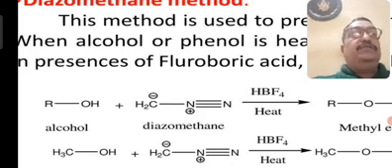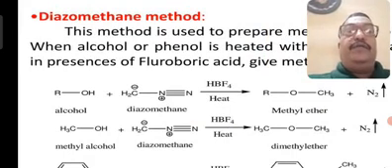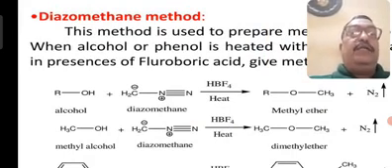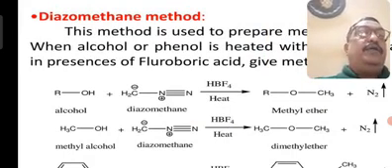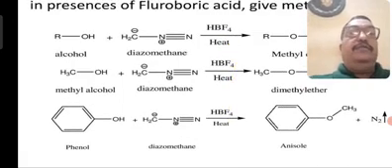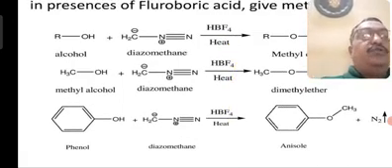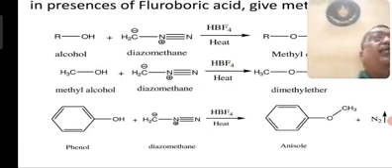So this is the diazomethane reaction. You can take methyl alcohol and treat it with diazomethane and you will yield dimethyl ether with the elimination of nitrogen. Similarly, you can take phenol and you will get anisole, that is C6H5OCH3.